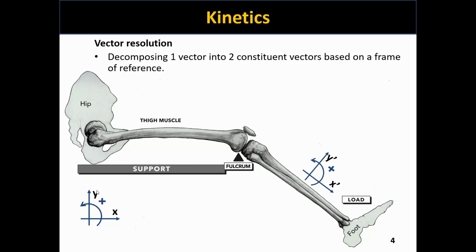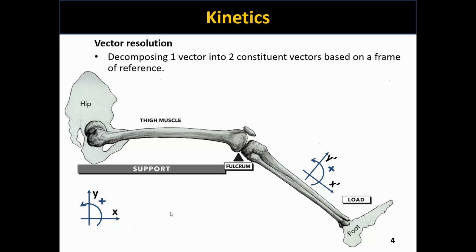In this case, I rotated the XY clockwise to align the X-axis with the line of the segment that we wish to analyze. But we can no longer call it XY.